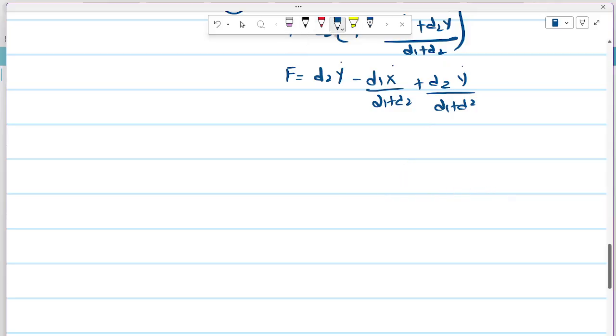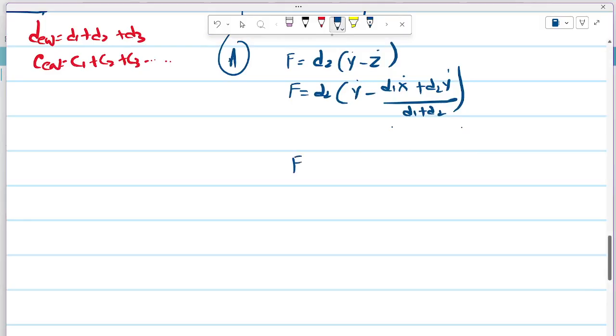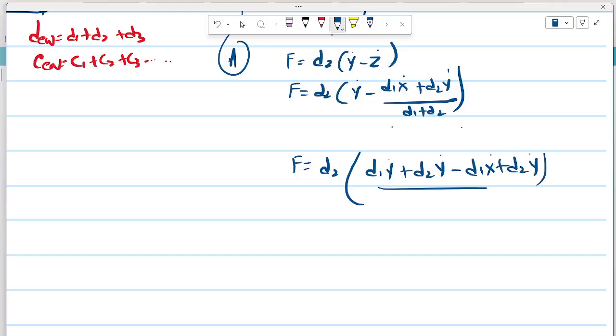So once you substitute this, let us substitute this one. Just write it as F equals d2 times, just take an LCM for this one, (d1 ẏ plus d2 ẏ minus d1 ẋ minus d2 ẏ) divided by d1 plus d2.